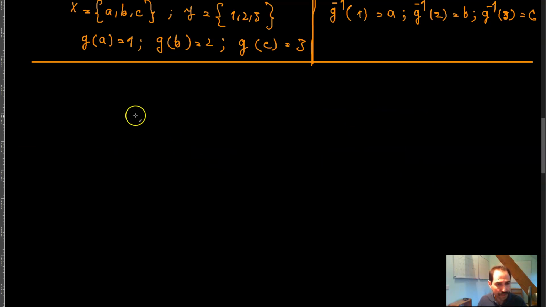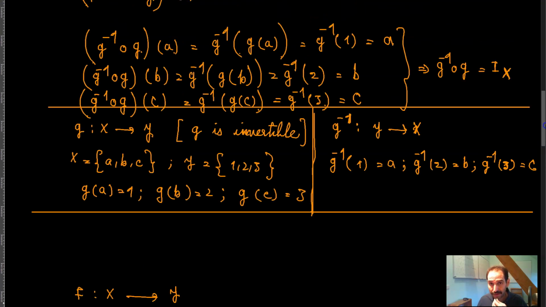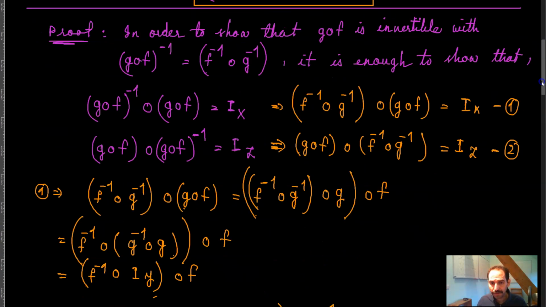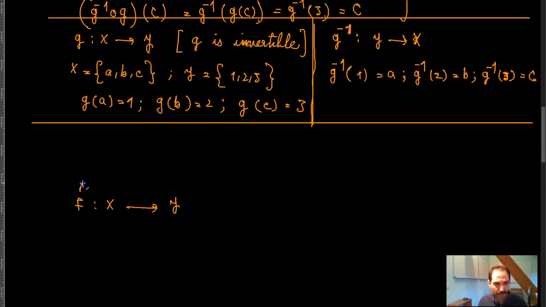So I'm going to create one simple function F, for example, from some set X to some set Y. And what I'm going to do is create the same situation here, meaning theorem 2, I'm going to create this function, and I want to make it invertible, right?